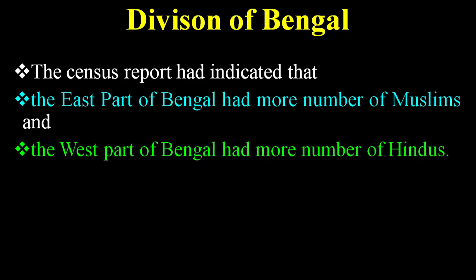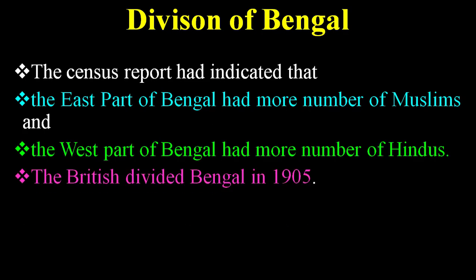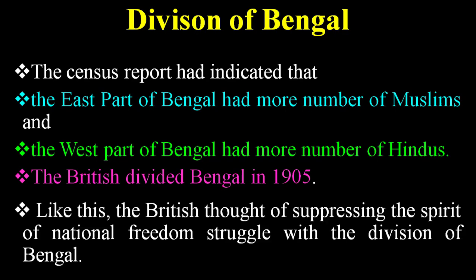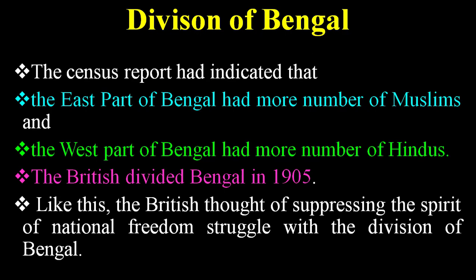The census report had indicated that the eastern part of Bengal had more Muslims and the western part of Bengal had more Hindus. The British divided Bengal in 1905. Like this, the British thought of suppressing the spirit of the national freedom struggle with the division of Bengal.